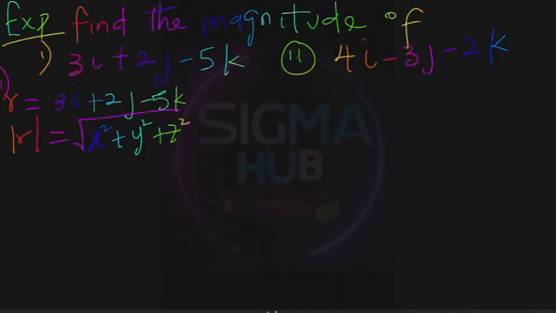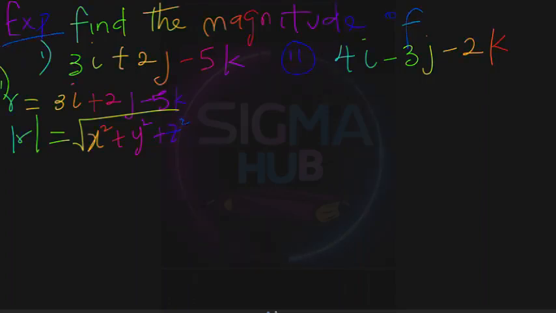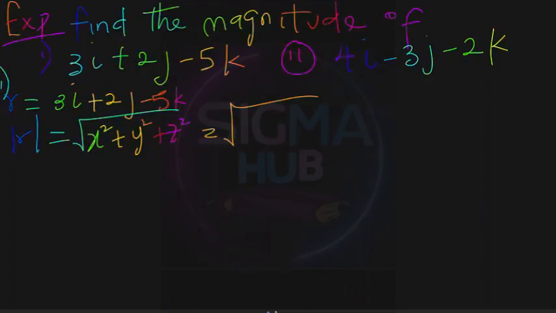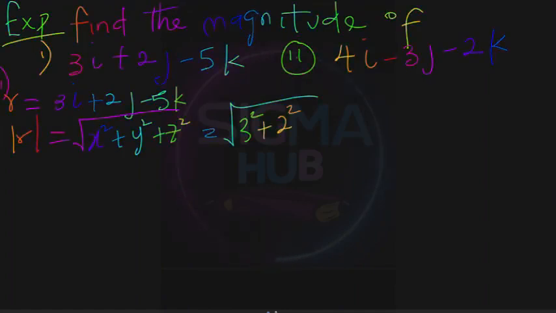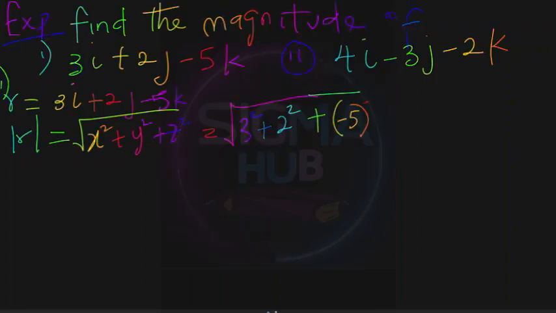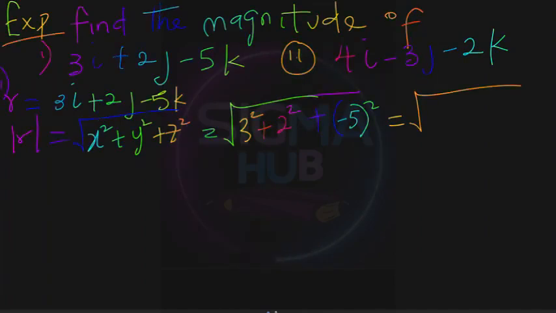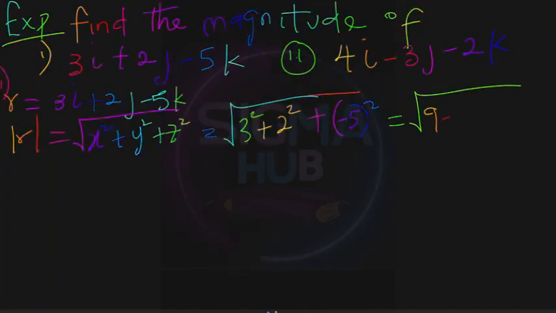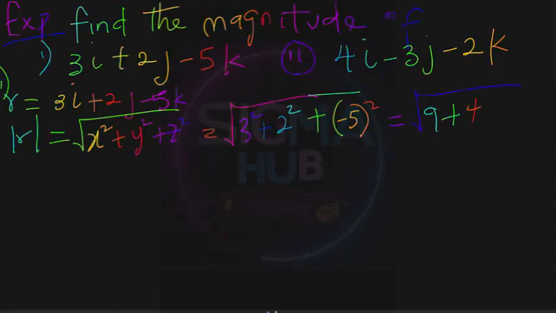And in this case, x is 3, y is 2, and z is minus 5. So we have the square root of 3 squared plus 2 squared plus, open your bracket, minus 5 squared. Please don't make a mistake. So 3 squared is 9 plus 2 squared is what? Is 4.